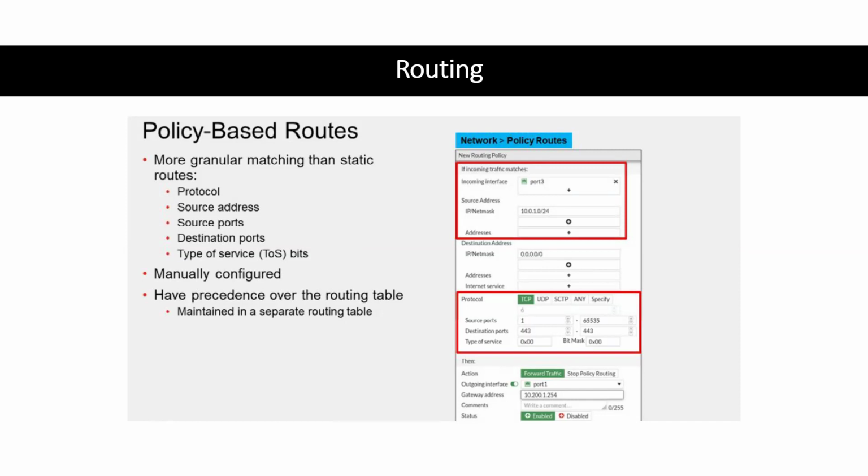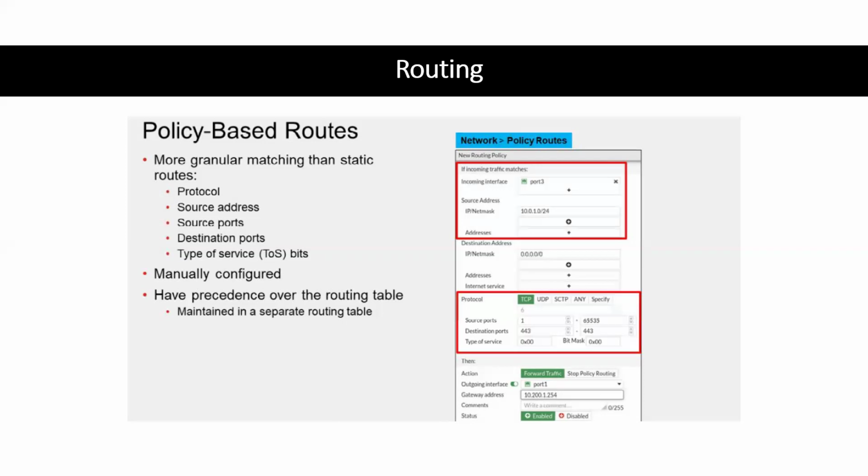So maybe there's some routing going on between your internal network, and I can say, hey, source address is this. If I get packets coming from this interface, I can set that up. I don't have to create an address object.